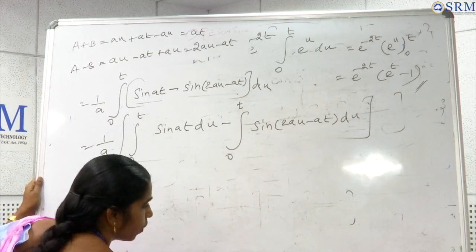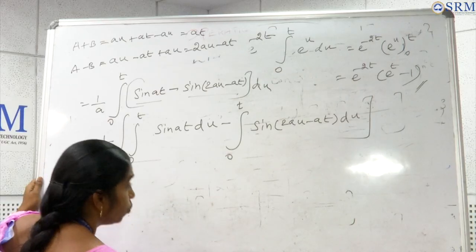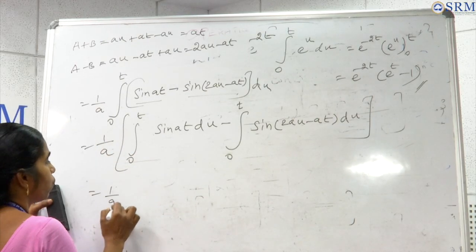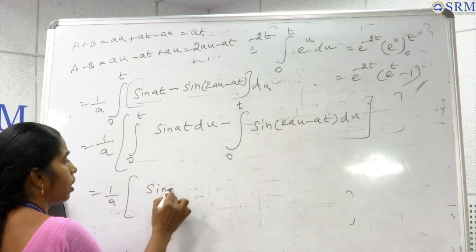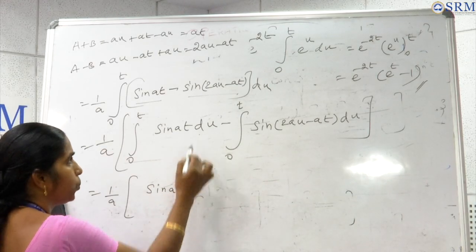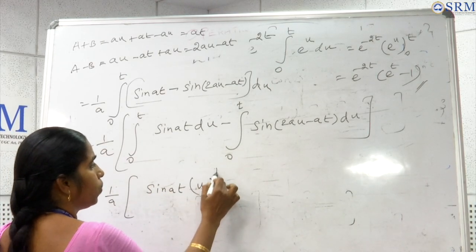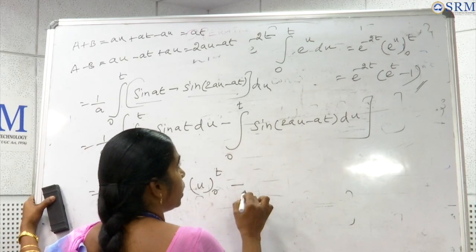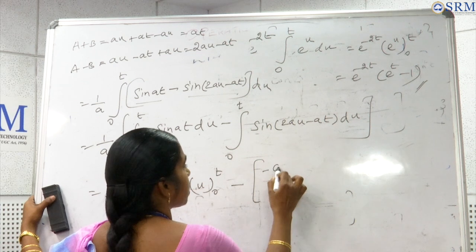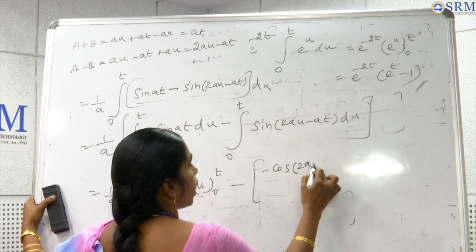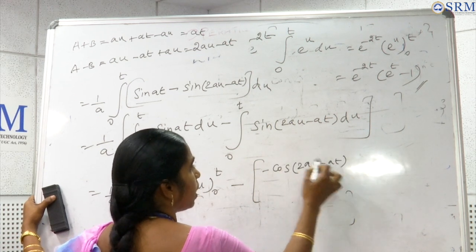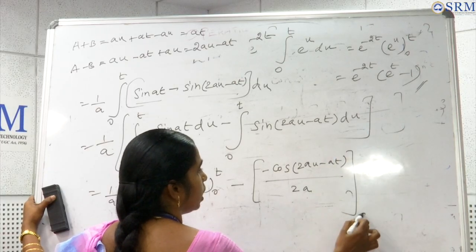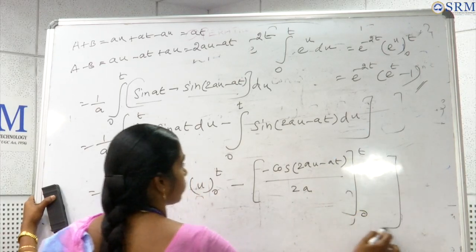Integration is with respect to u, but here sin at is constant. So the first one is sin at, only the integration of du, u from 0 to t. Minus the integration of sin, so minus cos of 2au minus at divided by 2a, with limit 0 to t.